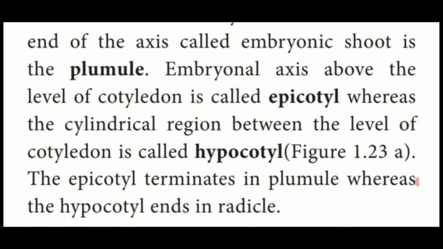The embryonal axis above the level of the cotyledon is called the epicotyl, whereas the cylindrical region below the cotyledon is called the hypocotyl. The epicotyl terminates in the plumule, whereas the hypocotyl ends in the radicle. So this is the structure of a dicot seed, Cicer arietinum.